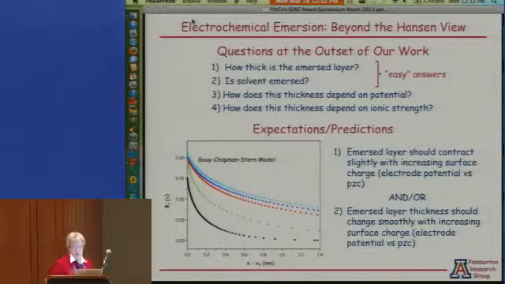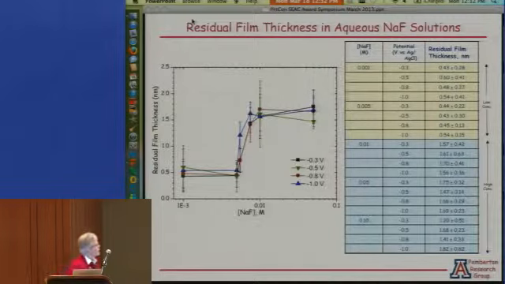So at that point, I had a student who undertook an excruciating series of measurements to try and validate these predictions. We chose electrochemists' favorite aqueous electrolyte, sodium fluoride, over a range of concentrations, and measured the immersed layer thicknesses using ellipsometry.